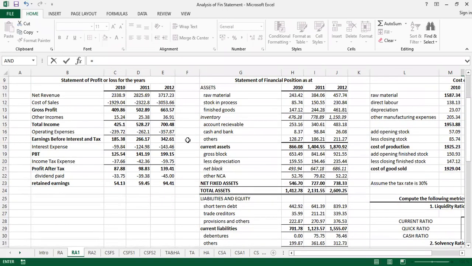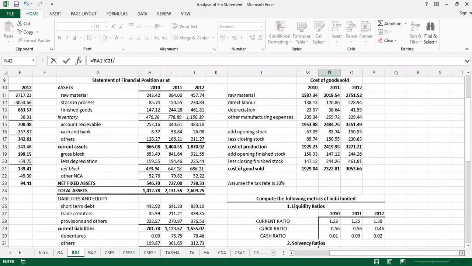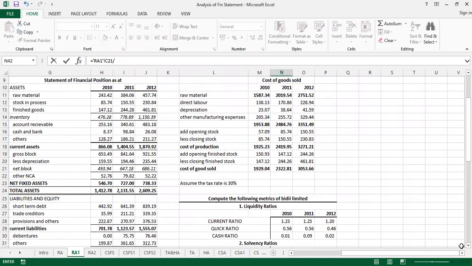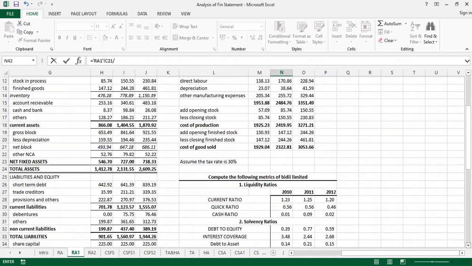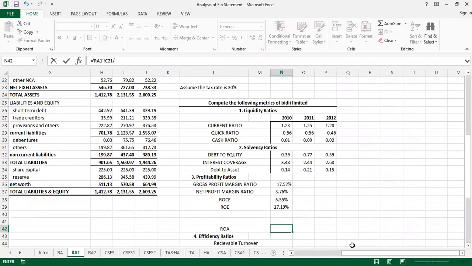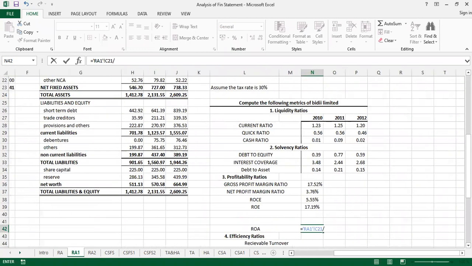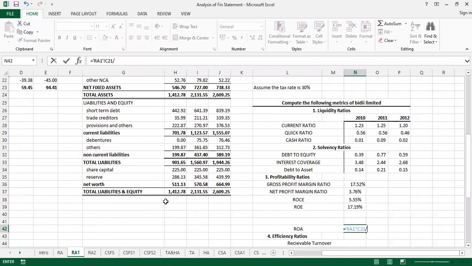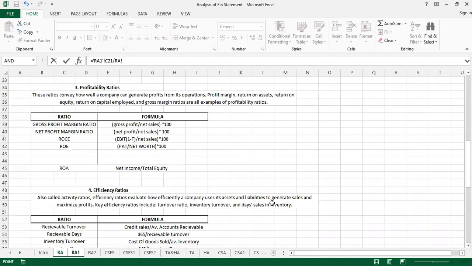Is here. This one divide by total equity, isn't it? So our total equity, I don't think it's the total net worth. Or let me just confirm what they are saying over total equity.